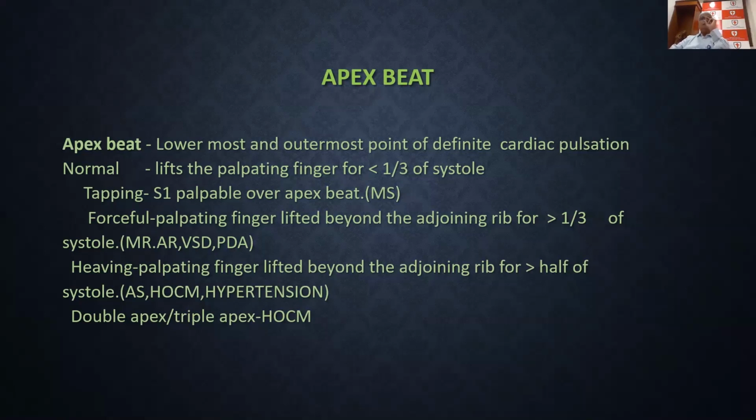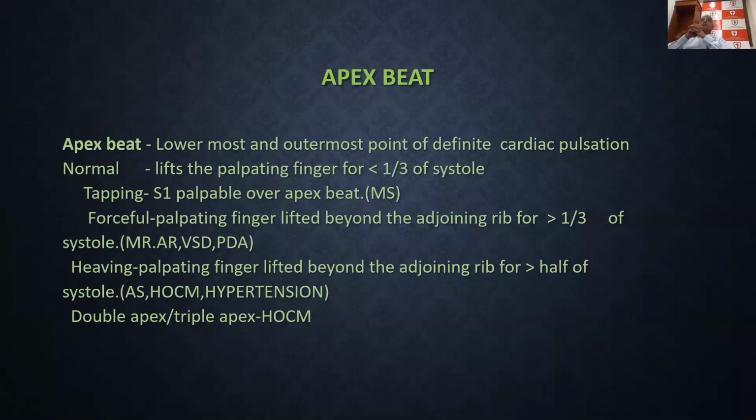These are the defining features of a normal apex beat. One, it is localized to one space. Two, the palpating finger is elevated slightly, but not beyond the level of the adjoining ribs. Three, the duration of systole for which it is sustained is less than a third of the total duration of systole. So these are the features of a normal apex beat.